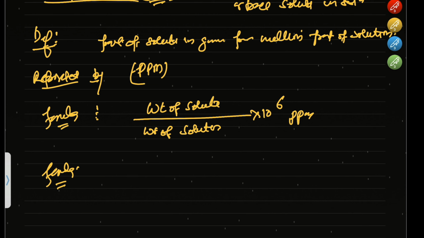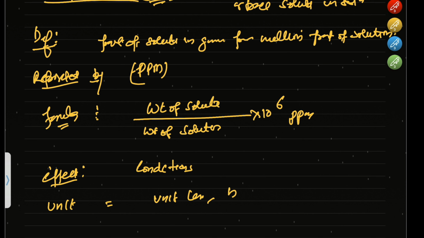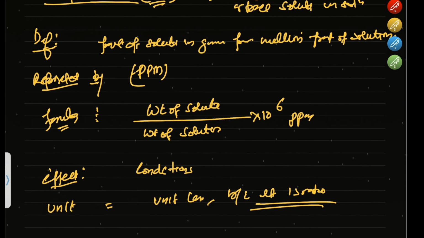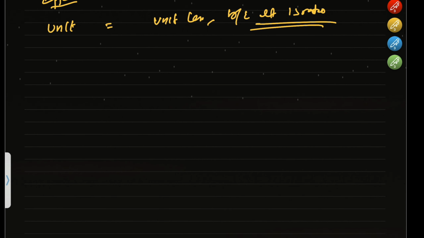Temperature dependency is variable, conditional. Unit: unitless, because it is a ratio.